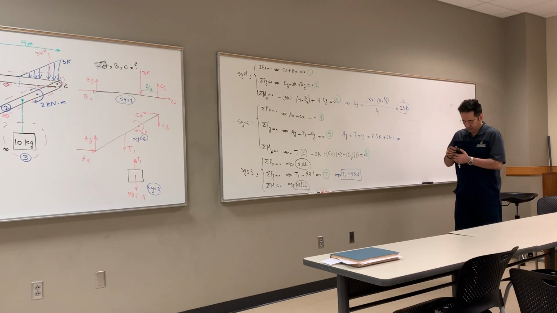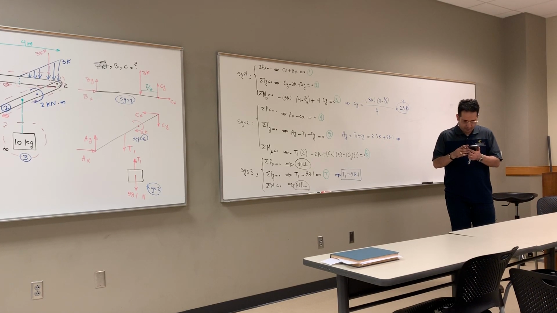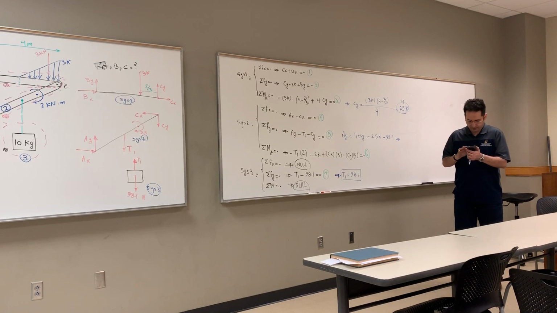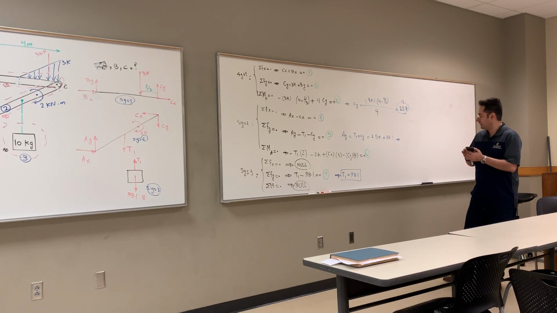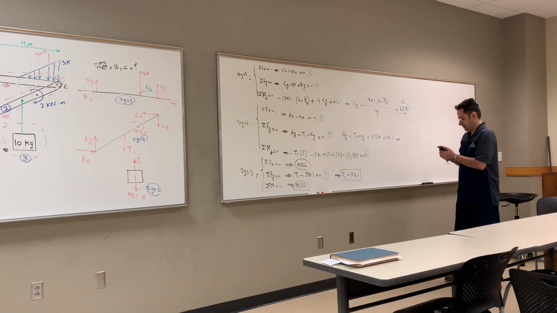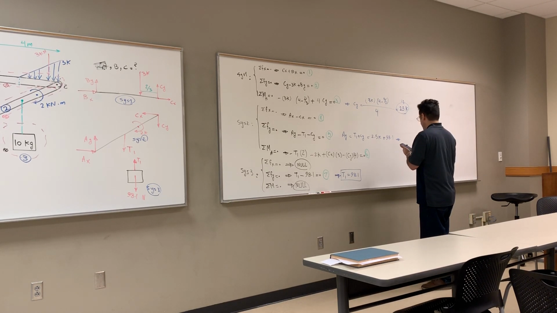Calculator, I messed it up with solar system. 2.5. Alright, it's going to be 2,000.